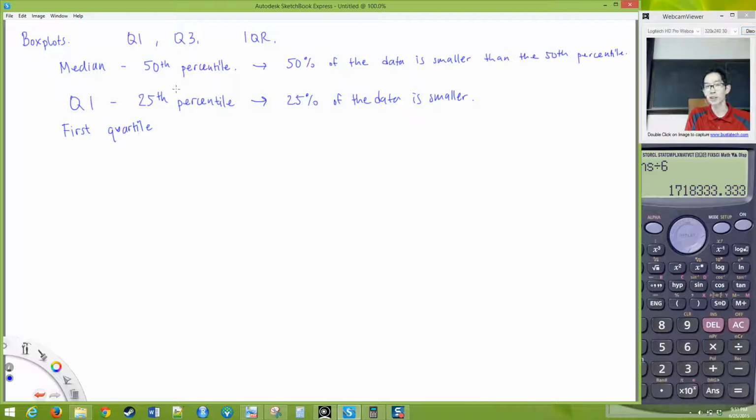The first 25% is smaller than the 25th percentile, or the first quartile. One quarter of the data is smaller than the first quartile. So what is Q3 equivalent to then? The 75th percentile, the third quartile. Three quarters of the data are smaller than the third quartile, or the 75th percentile, meaning 75% of the data is smaller than the 75th percentile.